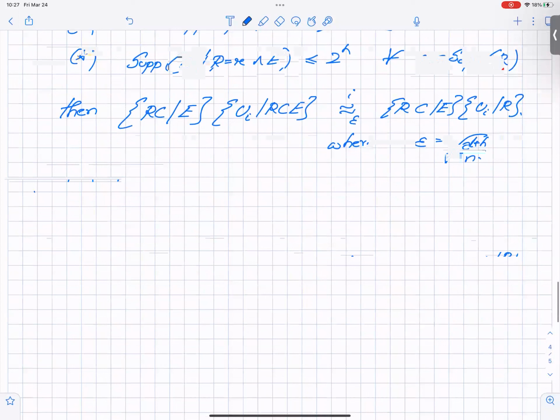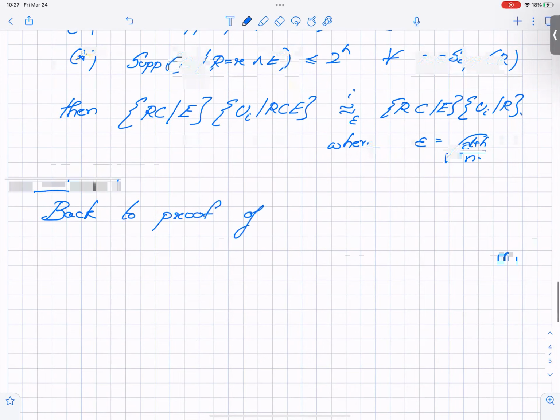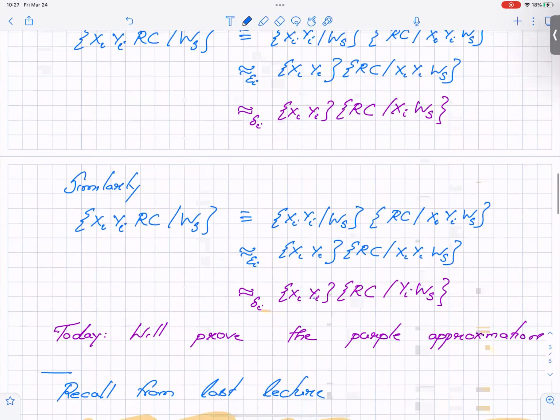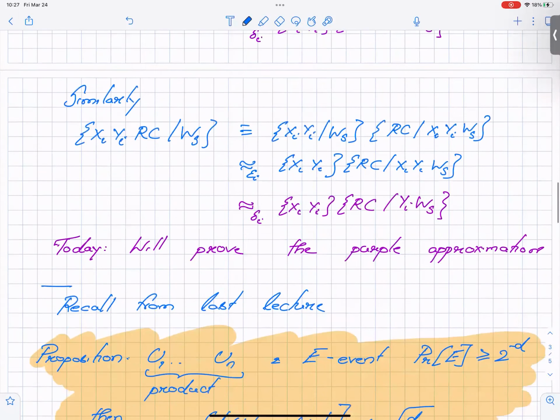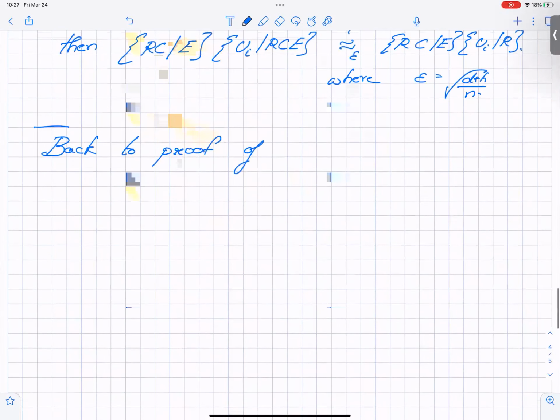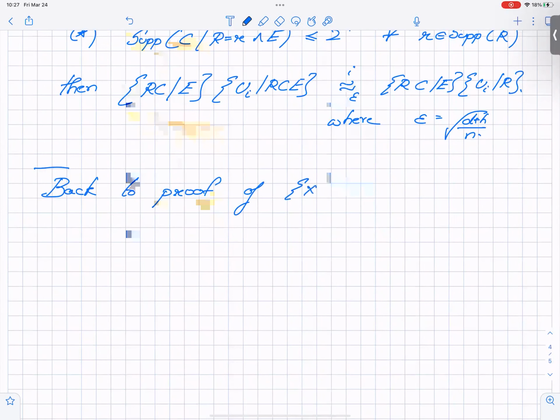Good. Now back to this. What are we going to prove? We're going to prove exactly this statement. Back to the proof: what did we have to prove? Xi, yi, conditioned on WS. Substitute, drop that.